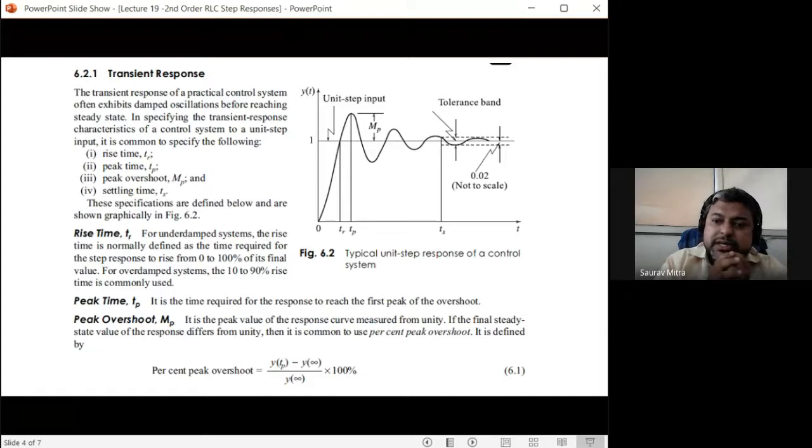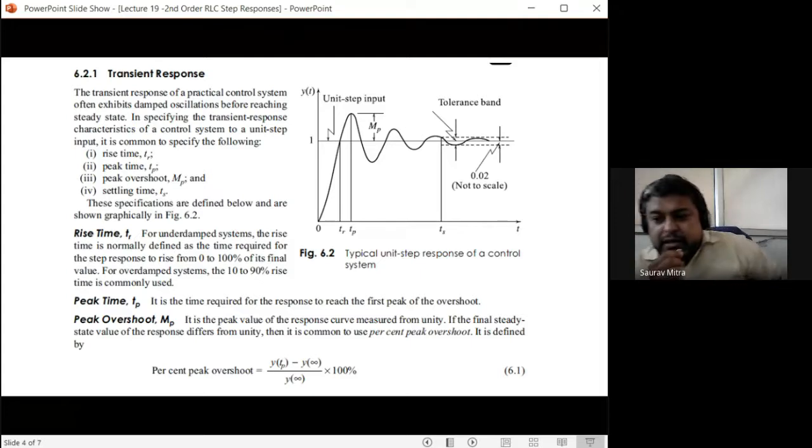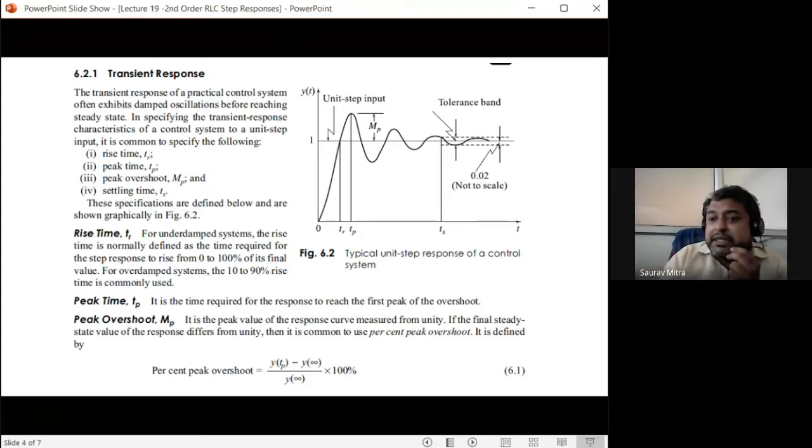Though the system has an underdamped response, underdamped meaning zeta is between 0 and 1, we should not keep the peak value high. So we have to design the RLC values in such a way that Mp is maximum 1.3 or so for an input of 1. That you have to see.